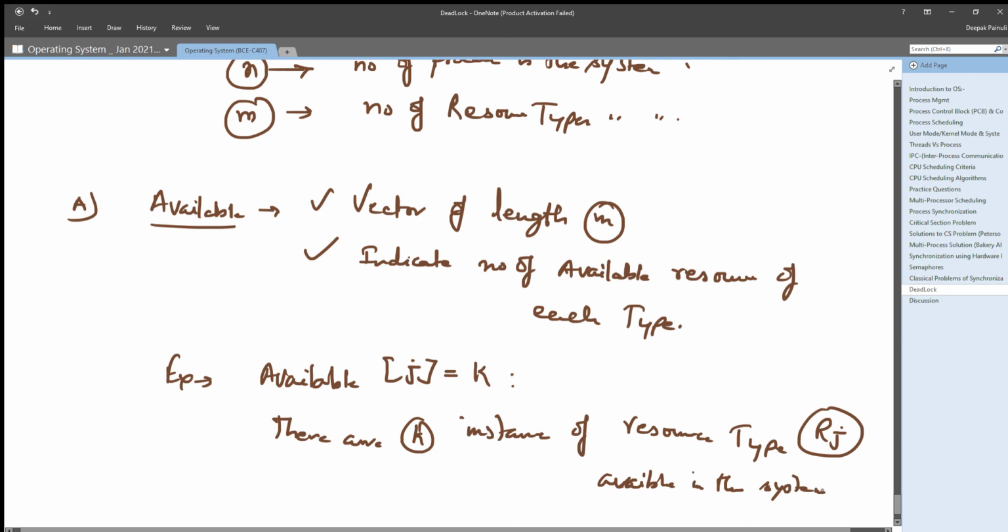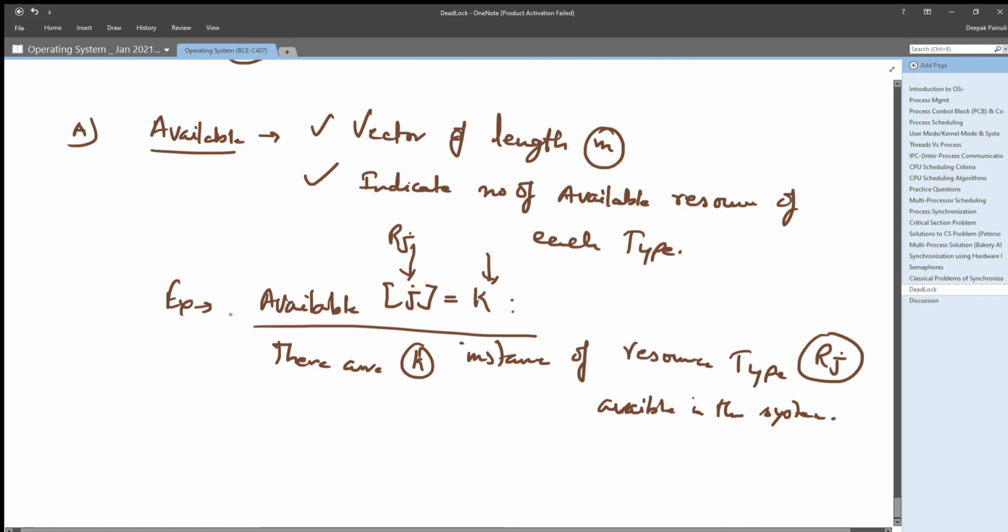Now you understood. If we have written this, then what does it mean? It simply means there are k instances of resource type Rj available in the system currently.